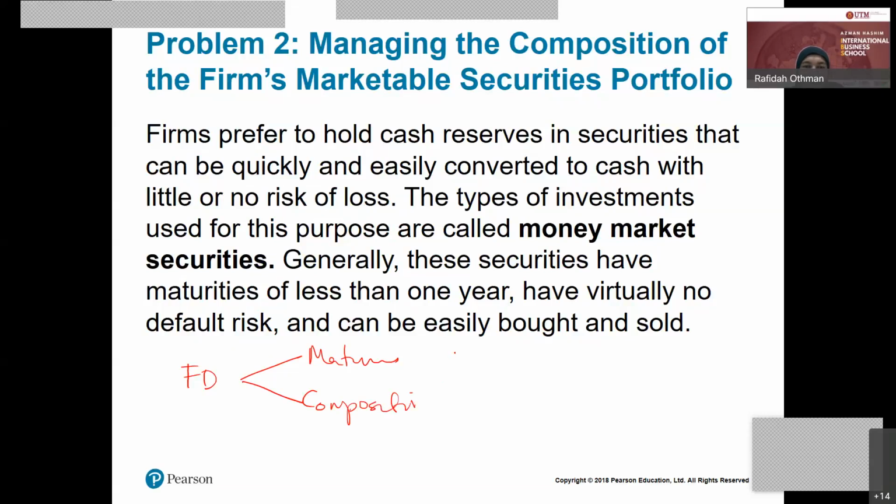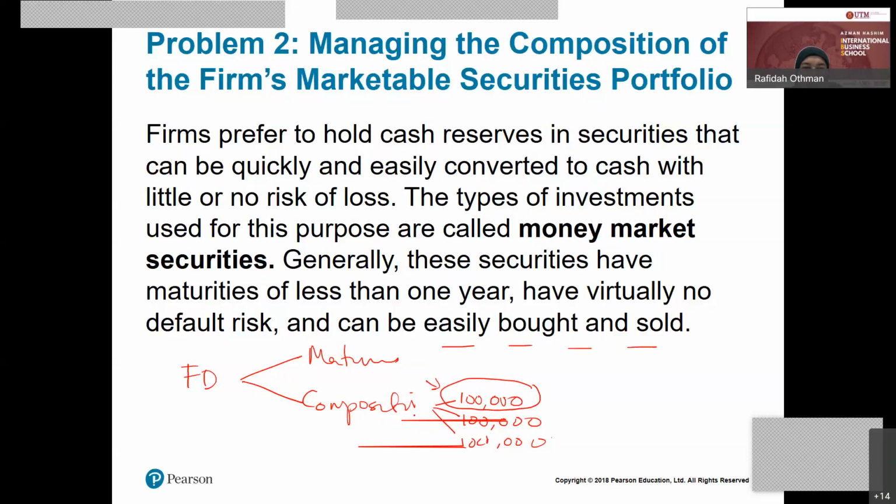Maturity means you arrange the maturity periods. Composition means how much you want to put in one certificate, or whether you want to break it into different certificates. Why? Because when there is a need of cash, you can liquidate only one, not all.